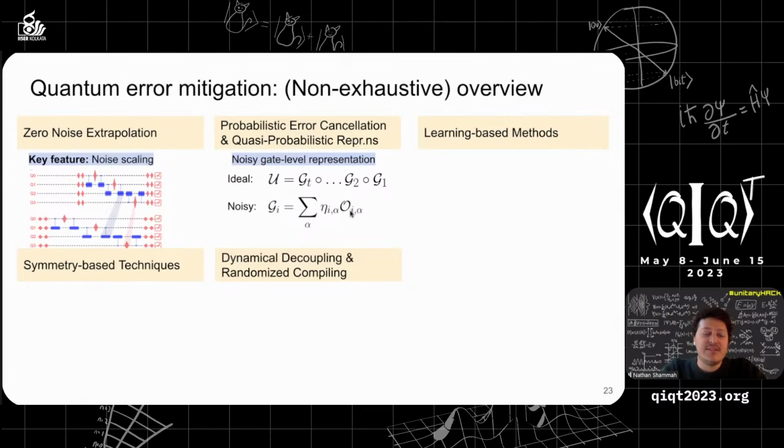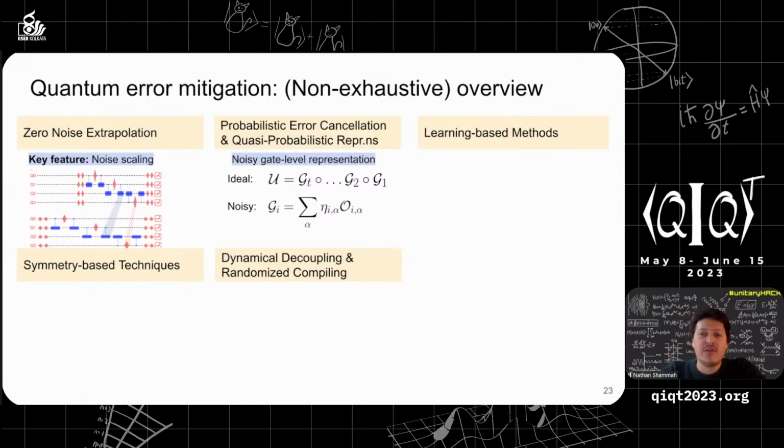So with the standard development of this relation, one could reconstruct the ideal quantum operation in terms of a linear combination of the noisy ones, with these coefficients here, whose overall weight is referred to as negativity, and it's sort of a cost that one needs to pay in the noisy landscape in terms of sampling overhead in order to reconstruct the ideal representation.